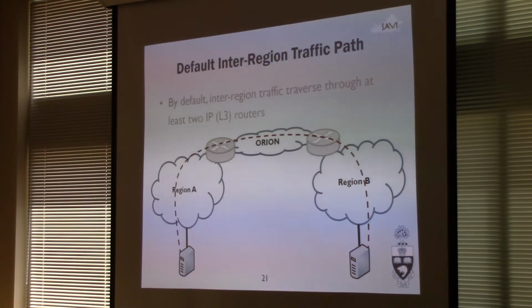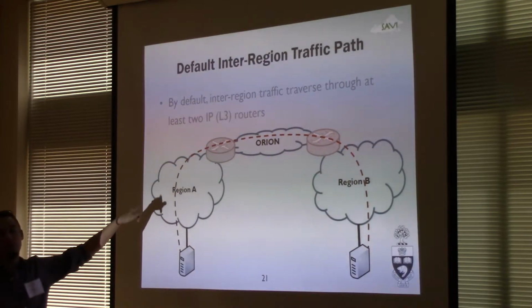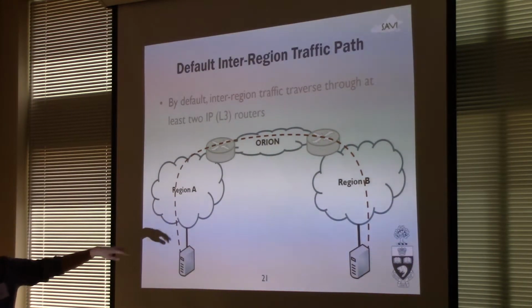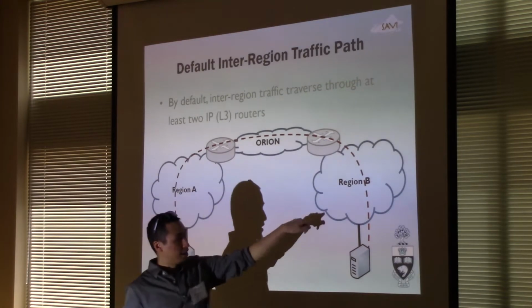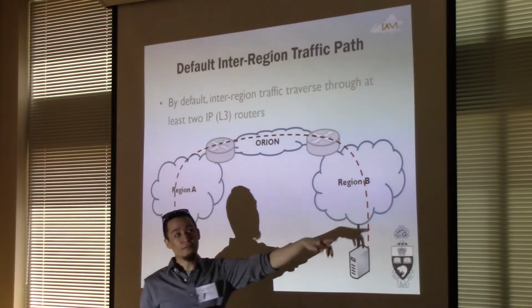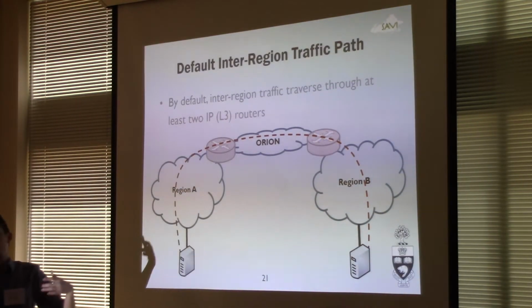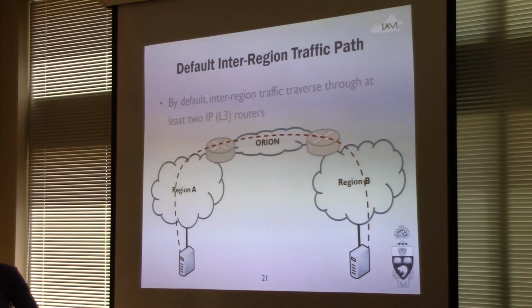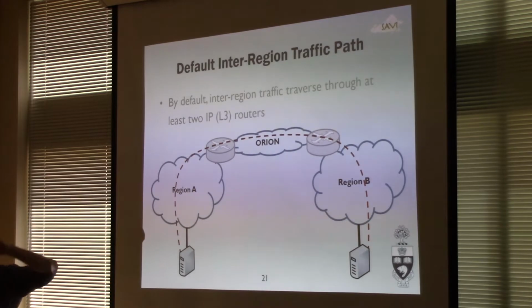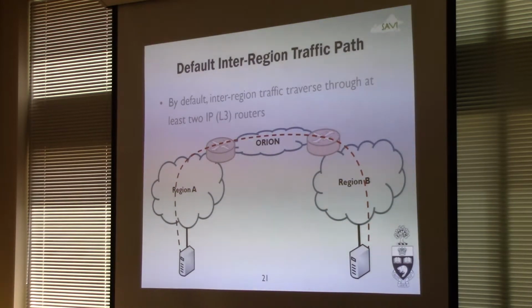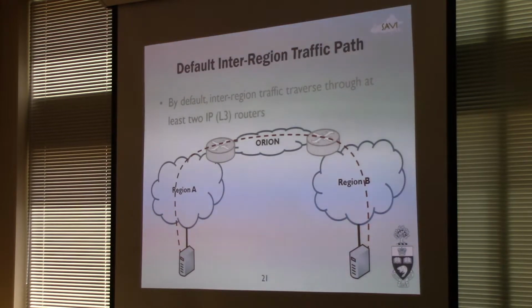Yes. By default right now, the way the SAVI network is set up is that within each region, they have their own router-free network, right? Within another region, they have their own router-free network. But to get from one region to another, we access it through a tertiary network called Orion. Orion is basically the academic and I believe governments as well.